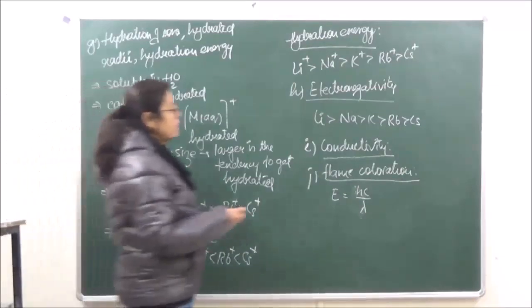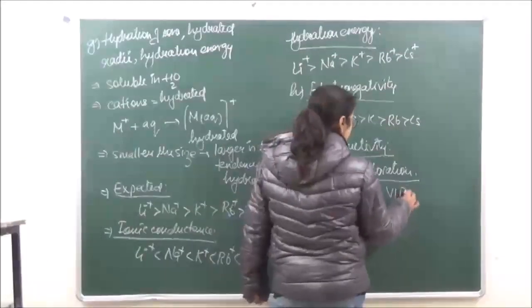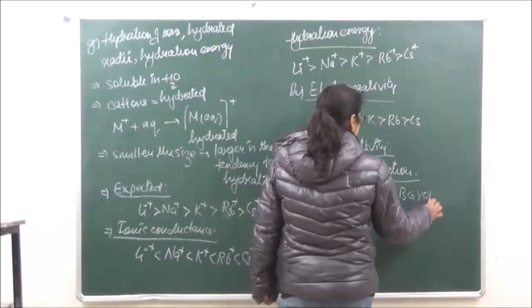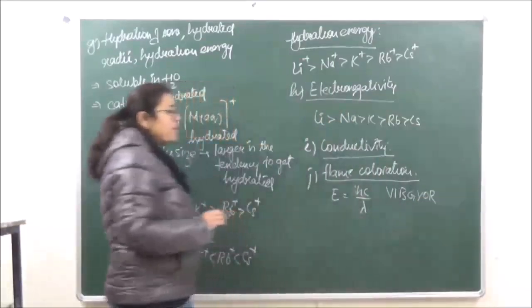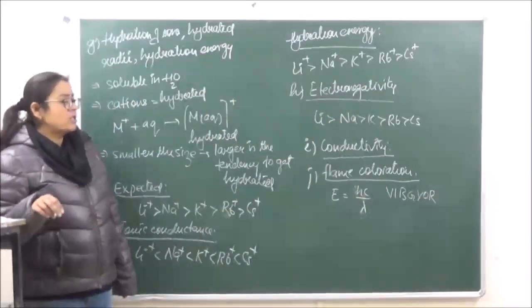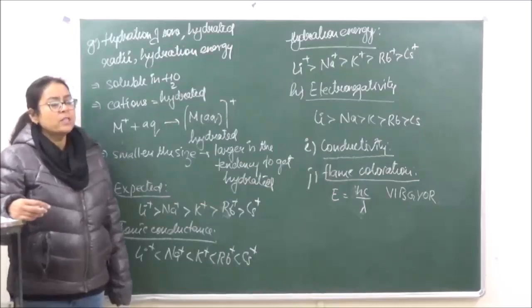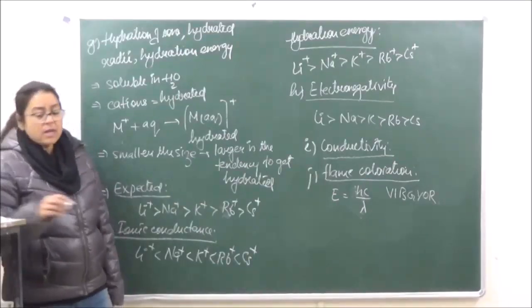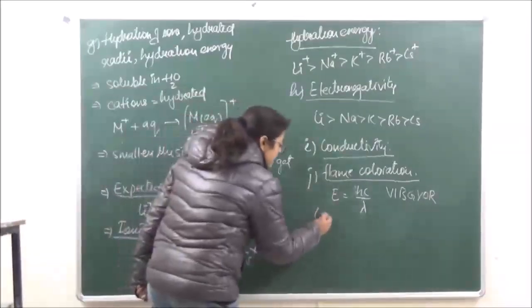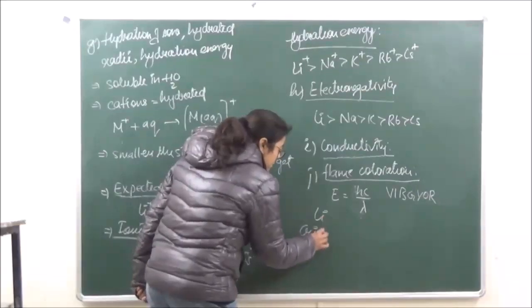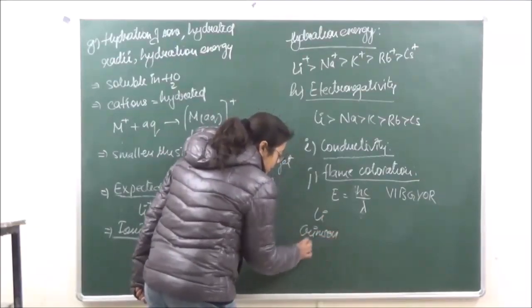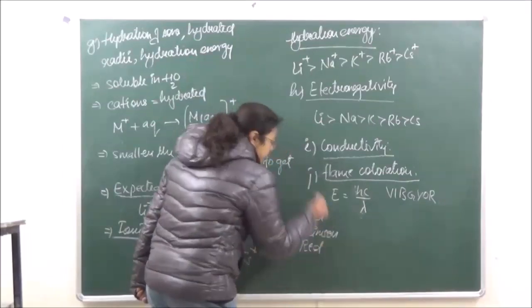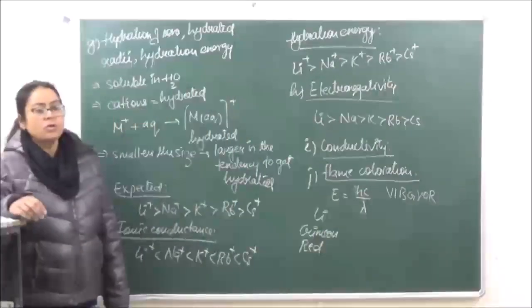So we're looking at VIBGYOR over here. Because lithium has a very high value of ionization energy, its lambda is going to be small. Therefore, it gives a crimson red color to the flame.